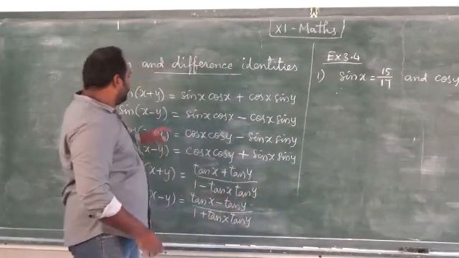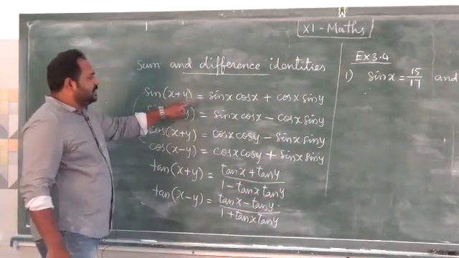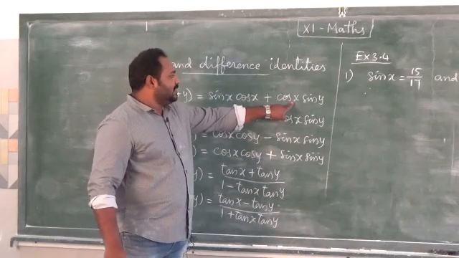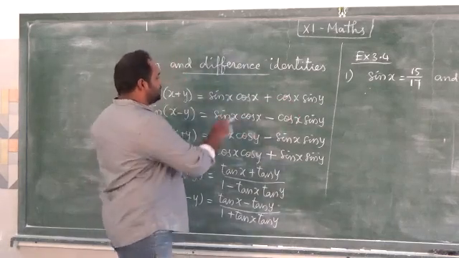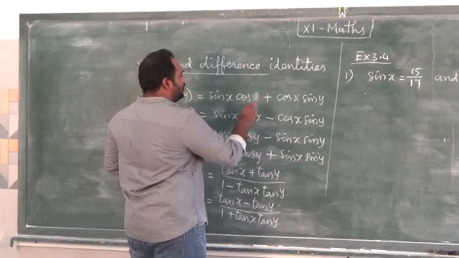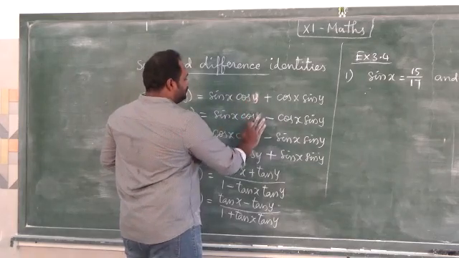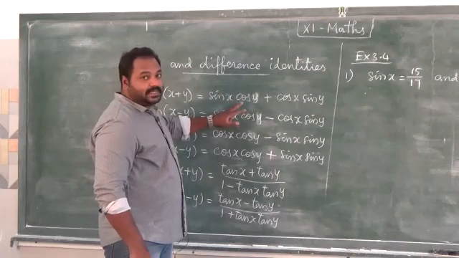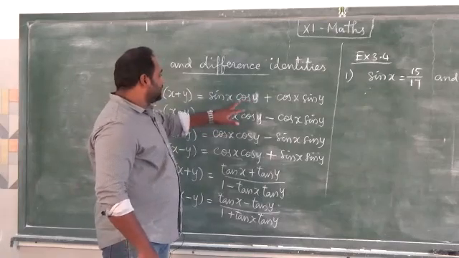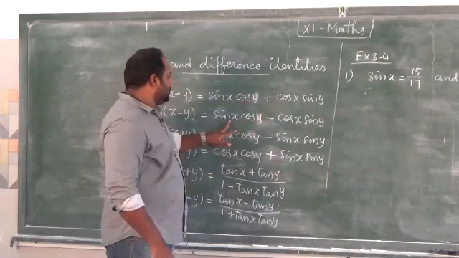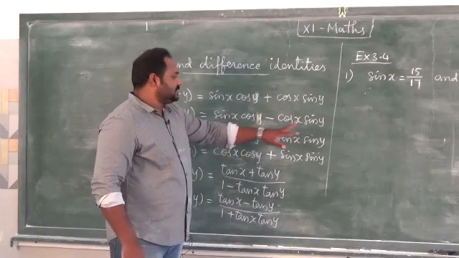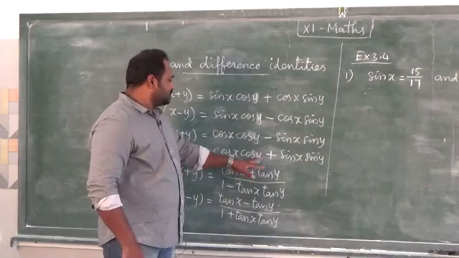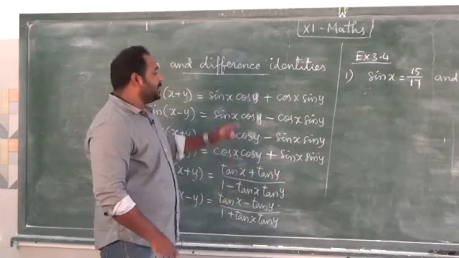Before that, if you want to find sin of x plus y, we need the sin x value, cos x value, and sin x cos y plus cos x sin y, sin x cos y minus cos x sin y, cos x cos y minus sin x sin y, cos x cos y plus sin x sin y. Okay.